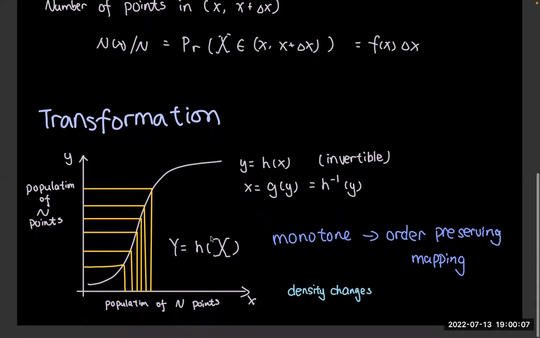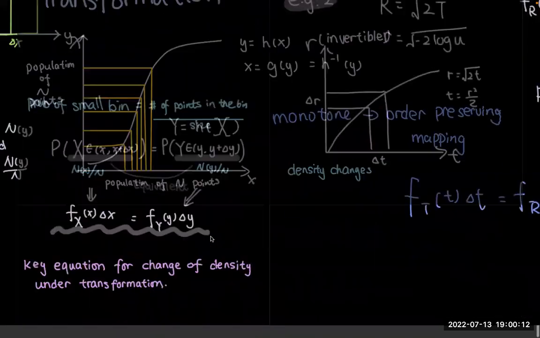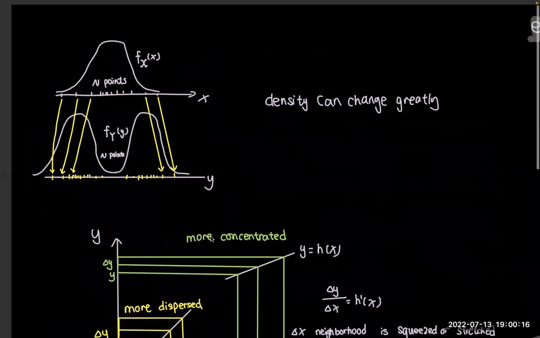Maybe we can also take a look at another illustration of this basic idea. This time, instead of plotting x on the horizontal axis and y on the vertical axis, we plot both x and y on the horizontal axis.